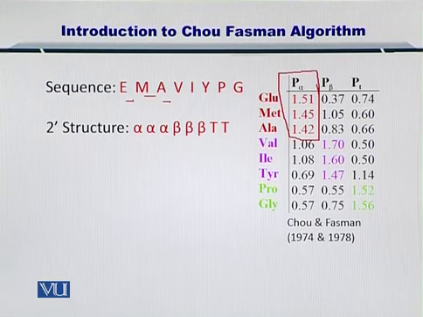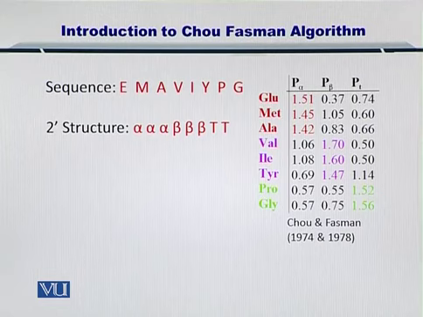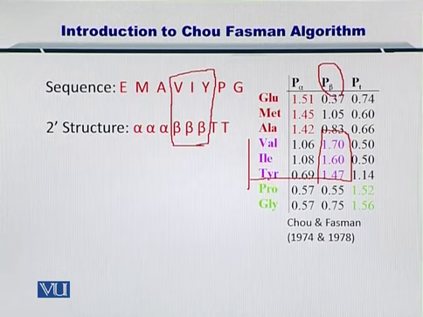Therefore, we make alpha helices out of these three amino acids as shown here. Next, if you look at the propensities for valine, isoleucine, and tyrosine, they are most probably forming a beta sheet. In this case, we have constructed beta sheets out of these amino acids.